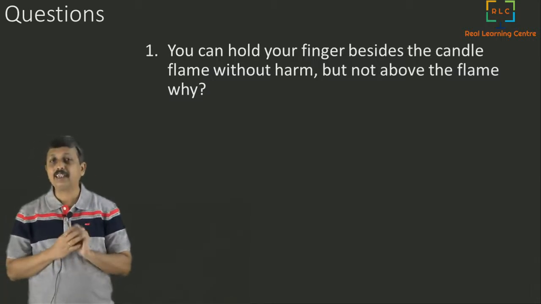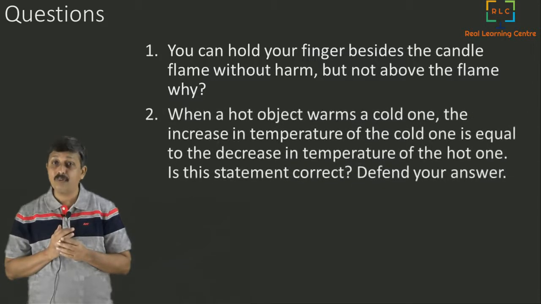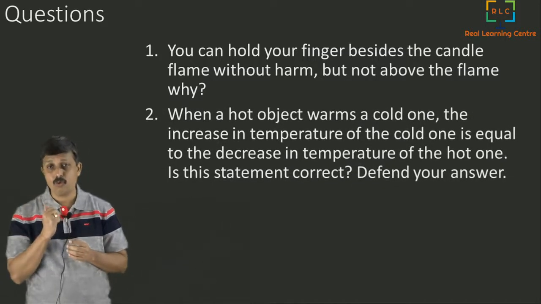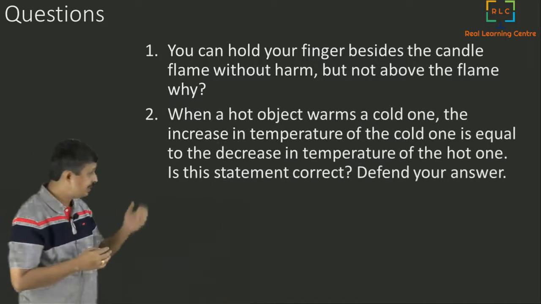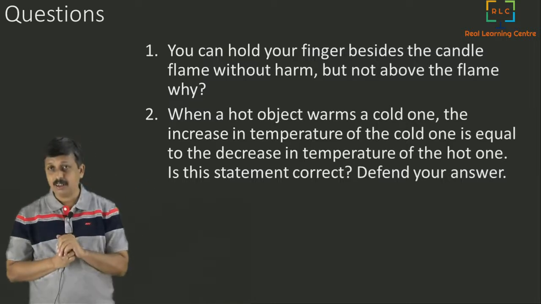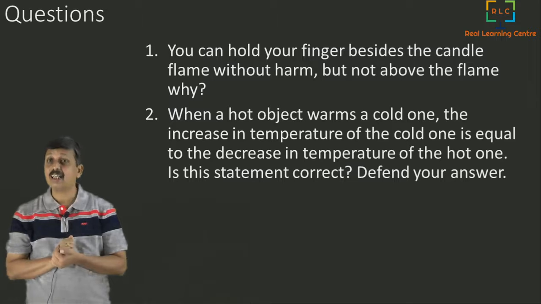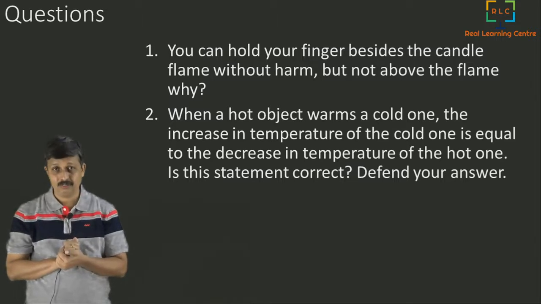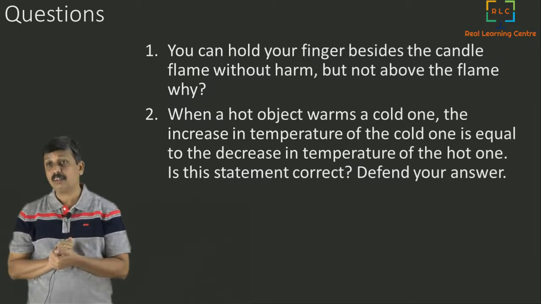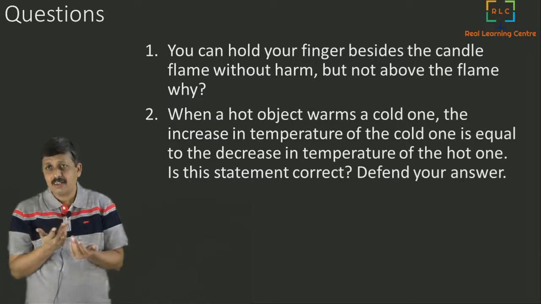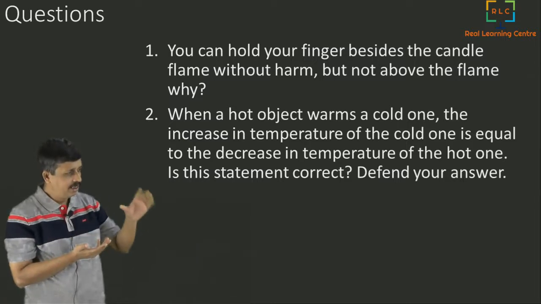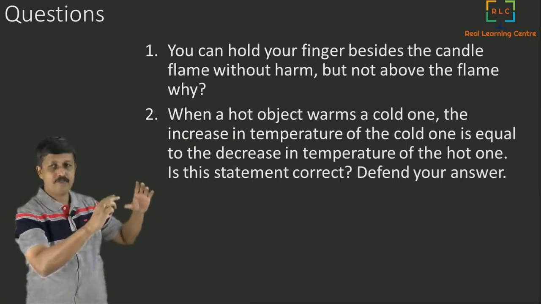Okay. And the second question is, when a hot object warms a cold one, is the increase in temperature of the cold object and the decrease in temperature of the hot object equal? That is the question. What I am asking basically is, there is a 100-degree object and another 50-degree object.